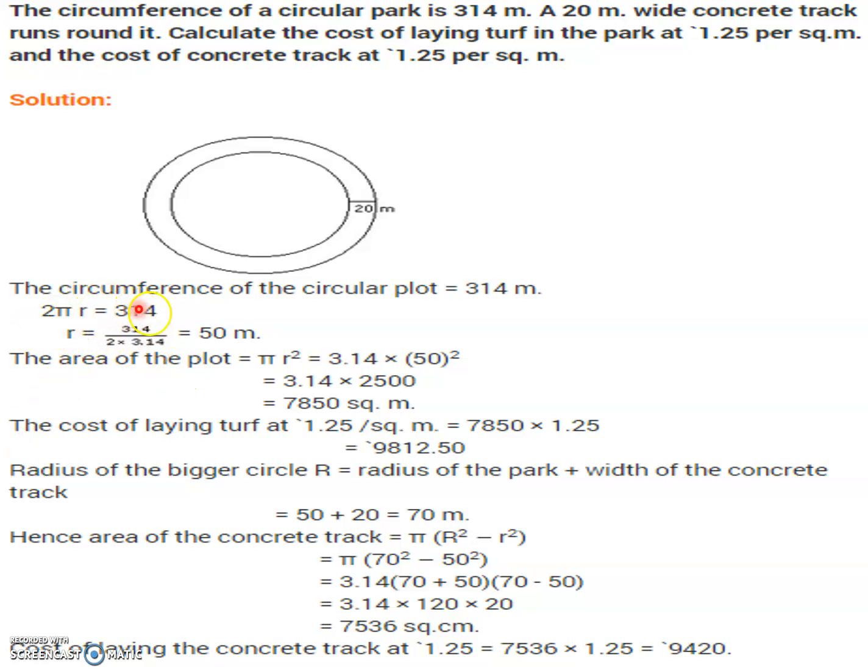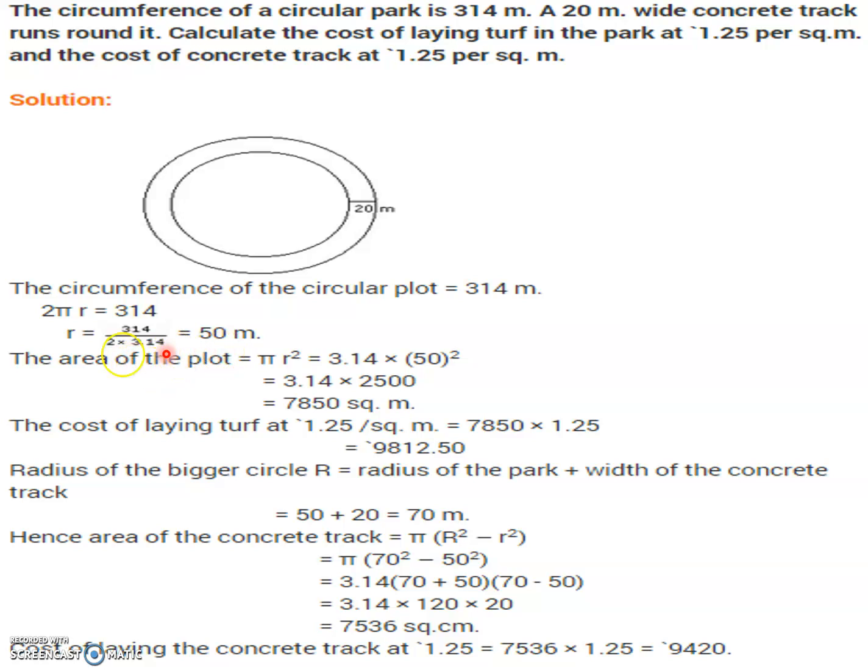So now the circumference of the circular plot is 314. So 2 pi r is equal to 314. Therefore, r is equal to 314 divided by 2 into 3.14. So we have to take pi as 3.14. Here we have to take 314.